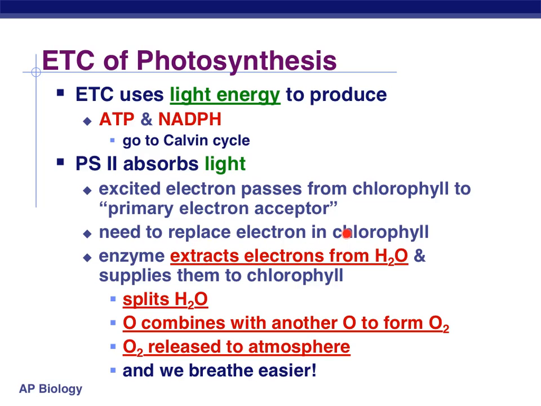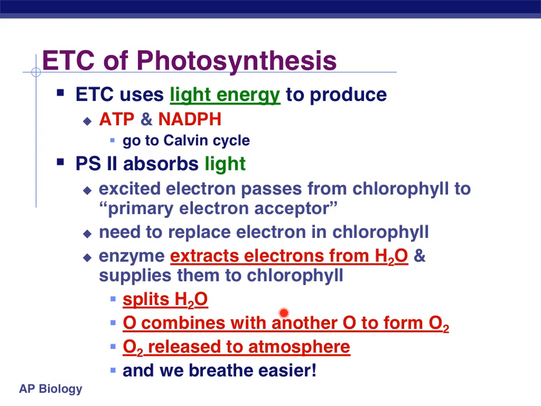You need to replace the electrons that were in the chlorophyll, and we're going to do that by extracting electrons from a water molecule. So those electrons are going to get passed back to chlorophyll so that when the process is ready to repeat itself, there are electrons already there and waiting.